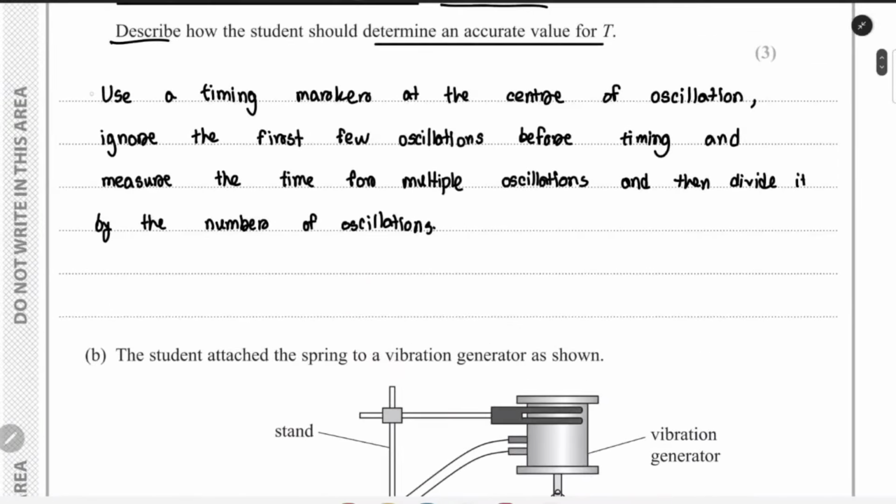So those are our 3 points. This is the first point, this is the second point, this is the third point.